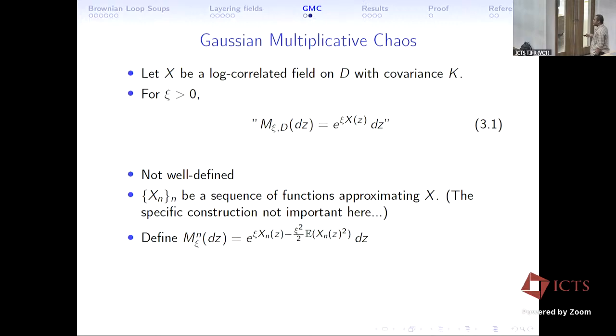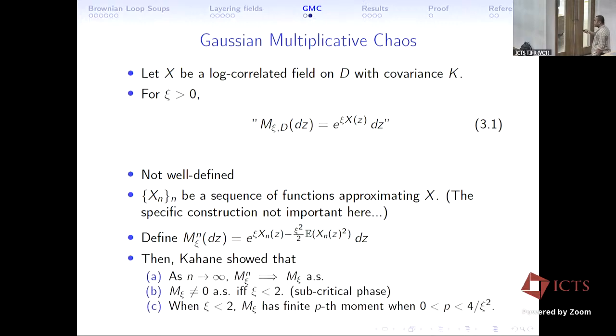Here's a summary of the result, what we need for our talk. Firstly, this approximating sequence of measures converges to something as n goes to infinity. That something is non-degenerate, so it's not identically 0, only when the parameter is less than 2.